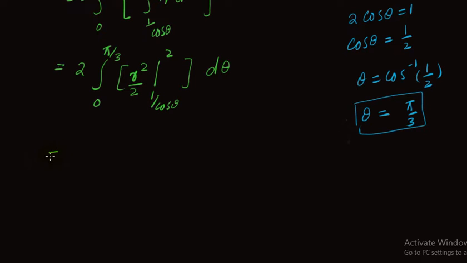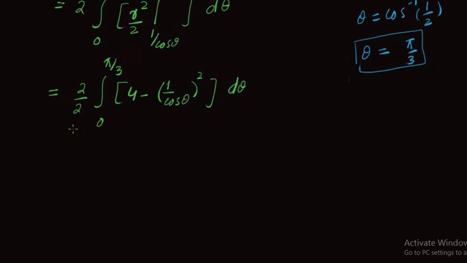Now we can take 2 outside of this integral, so 2 upon 2 gives us 1, integration 0 to pi by 3. Now we put the value of r, so upper limit of r is 2, so 2 square is 4, minus lower limit 1 upon cos theta whole square, d theta.